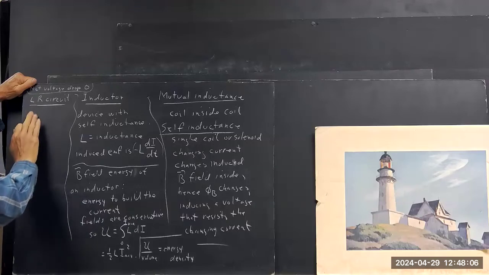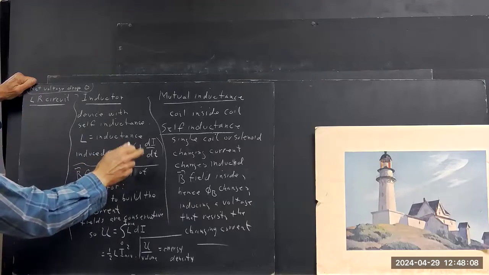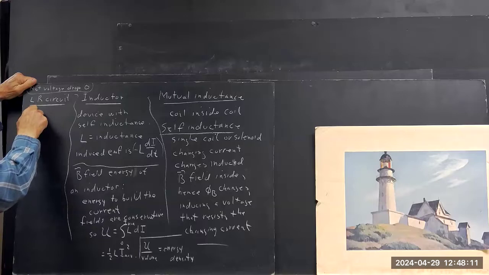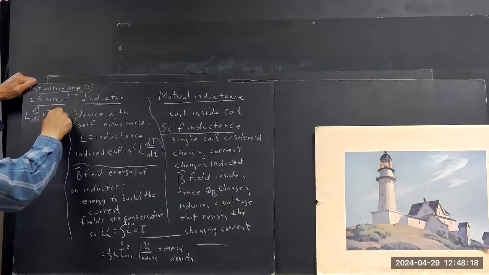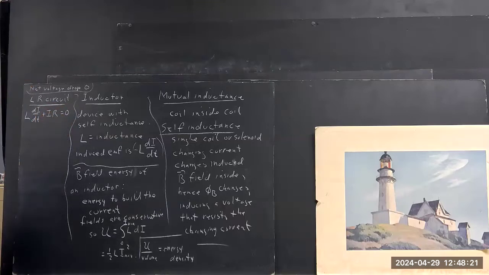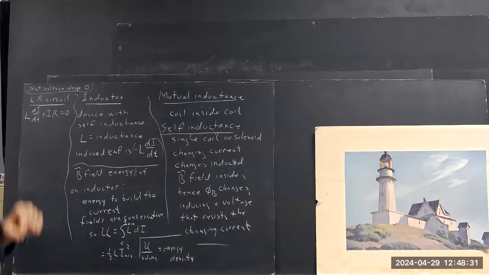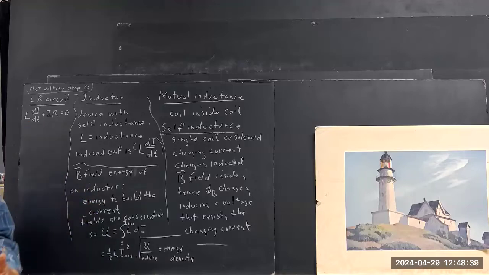And the voltage change is this, so the voltage drop is just L di/dt. The voltage drop across the resistor is IR. That equals zero. And that's just a separable differential equation. It's really easy to solve. You solve that equation about October of the fall first semester calculus class, if not before, depending on how fast the class is going. You don't even need the techniques of differential equations.